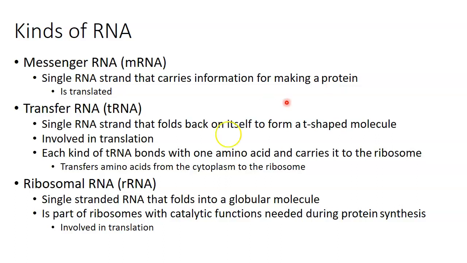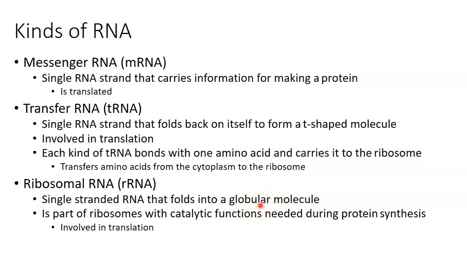The last type of RNA here is ribosomal RNA. As the name implies, this RNA makes up some of the structural and functional parts of the ribosome. So it's found as part of the ribosome. It's also single-stranded, but again, it doesn't stay linear like mRNA. It doesn't fold into a T like tRNA. Instead, it folds up into a globular structure.